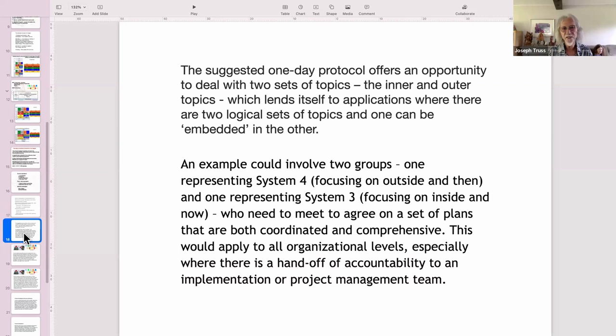Let's say one representing system 4, focusing on outside and then, and one representing system 3, focusing on inside and now. They need to meet to agree on a set of plans that are both coordinated and comprehensive. This would apply to all organizational levels, especially where there's a handoff of accountability to an implementation or a project management team.